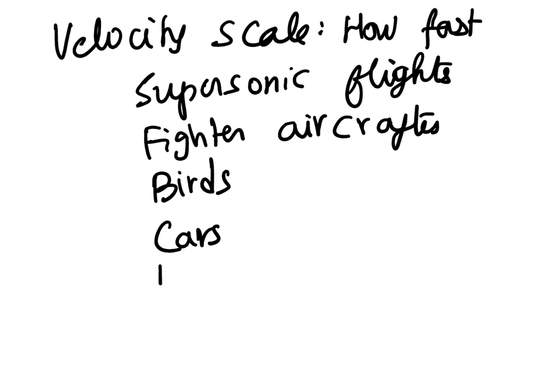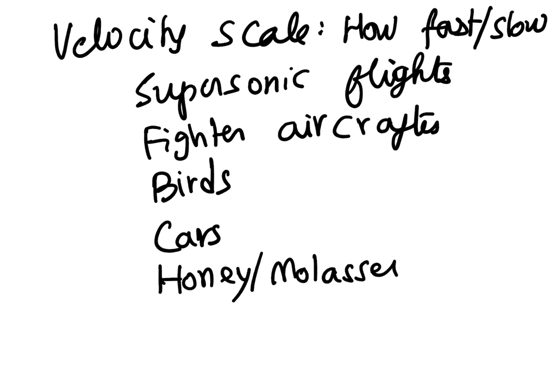What we are trying to say is how fast or how slow these things are moving. You can drop some honey or molasses on the floor and it will take forever to move because that's a very, very slow flow. You can have a human running. If that human is like Usain Bolt, he or she could be running really fast.